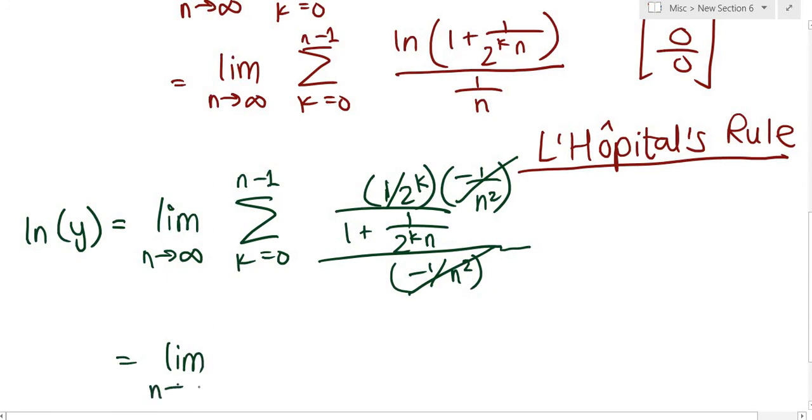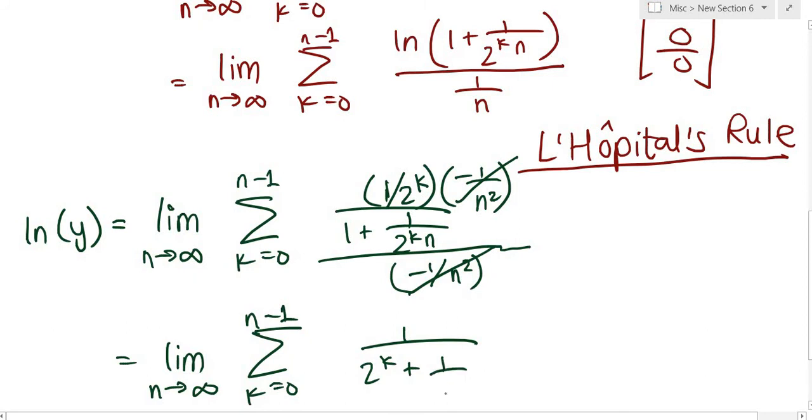Let's clean this up a bit. So we have the limit as n goes to infinity of the sum from k equals 0 to n minus 1 of, when I clean this up a little bit, 1 over 2^k plus 1 over n.